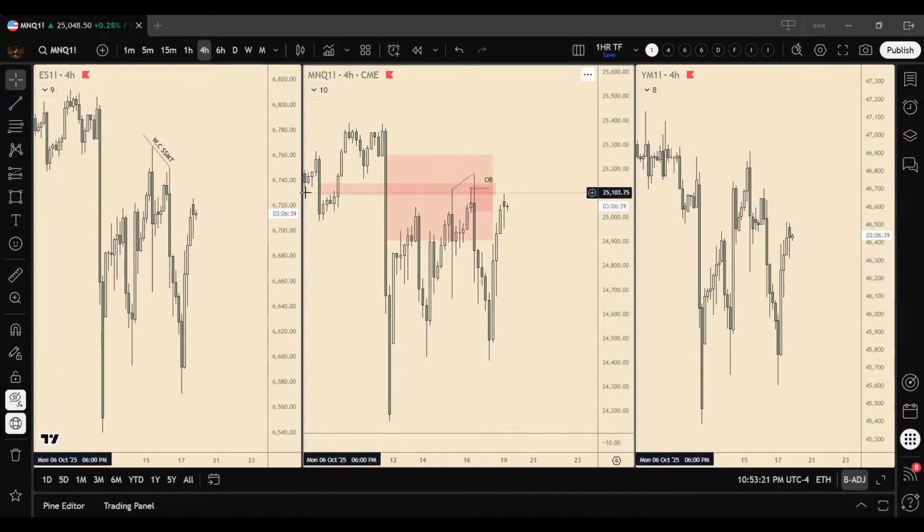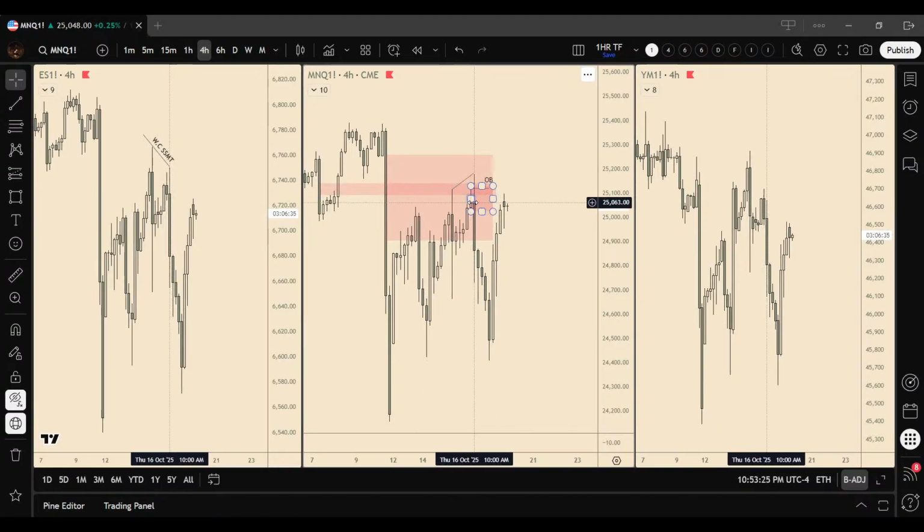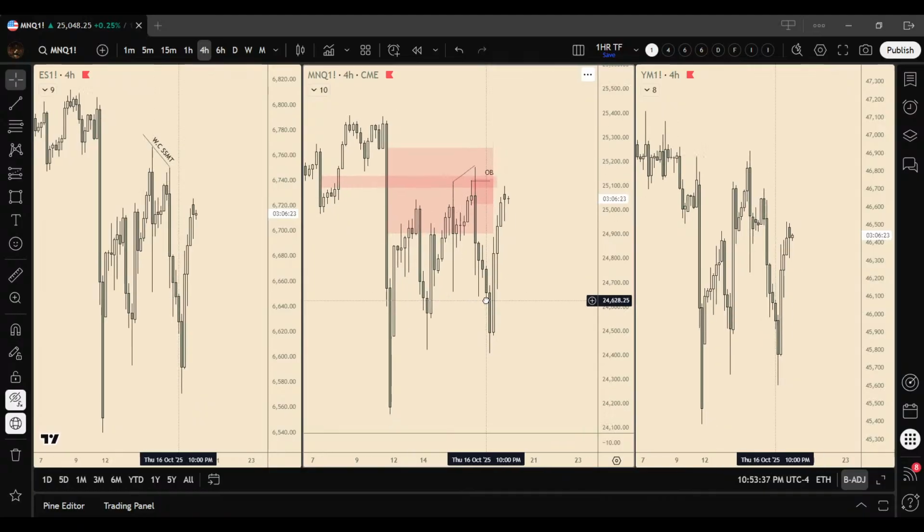You have the sequential SMT while sweeping this precision candle, and price trades lower. Look at this move right here. All this, right?